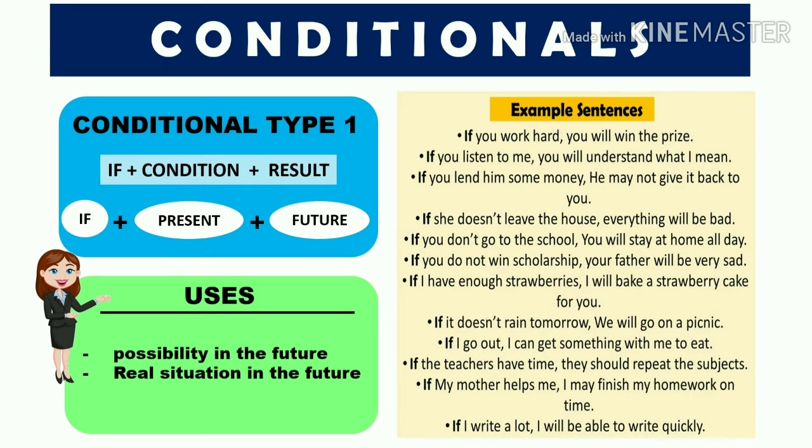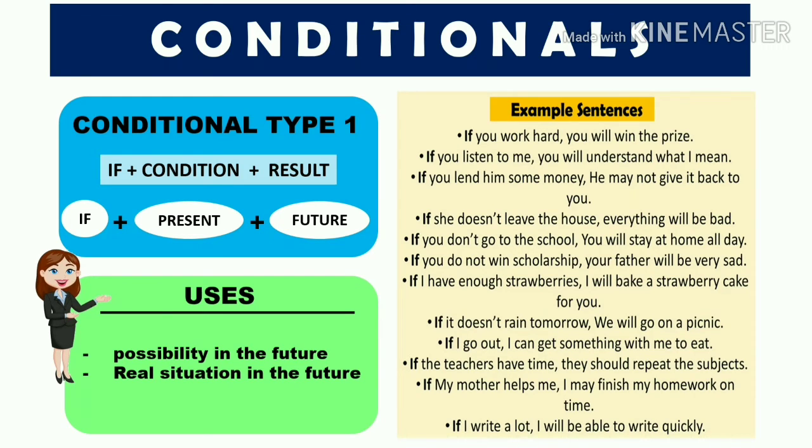If you listen to me, you will understand what I mean. If you lend him some money, he may not give it back to you. If she doesn't leave the house, everything will be bad. If you don't go to school, you will stay at home all day.